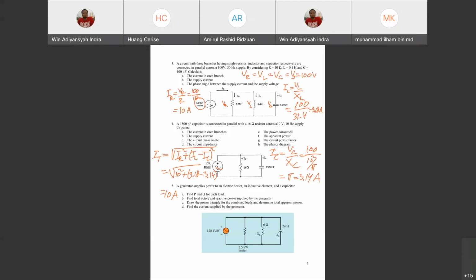C, the phase angle between the supply current and the supply voltage.